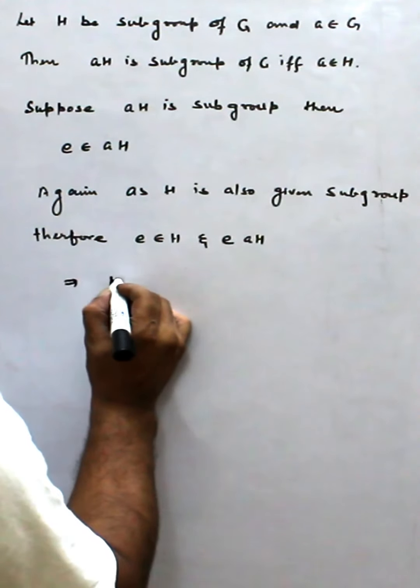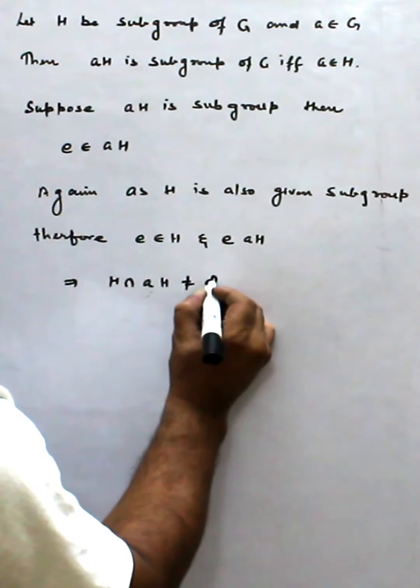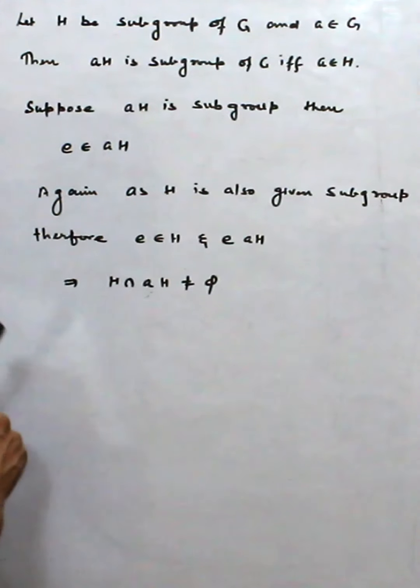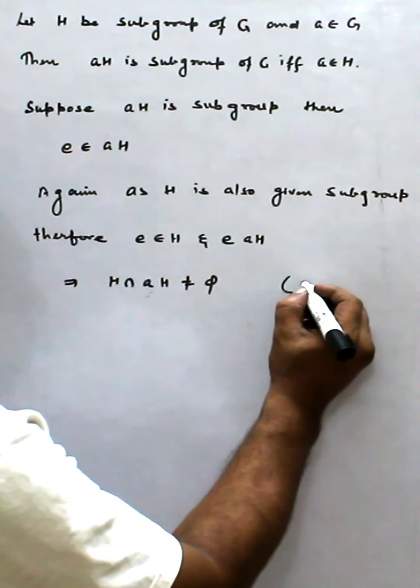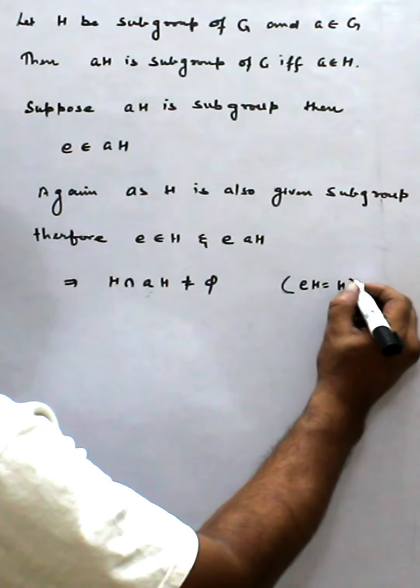This implies H intersection AH is not disjoint, and we know that if we have two left cosets, this I can write as a left coset, because I can write EH equal to H.